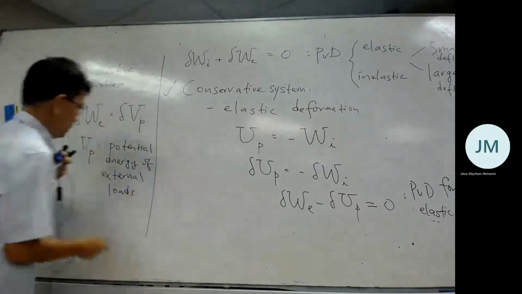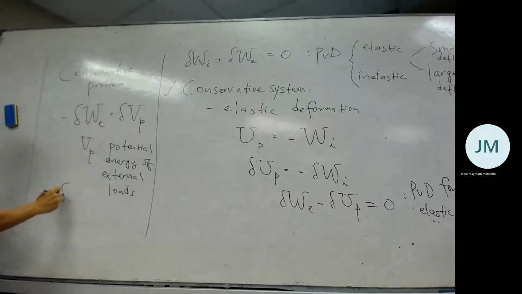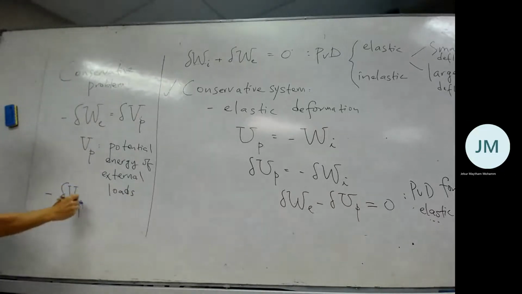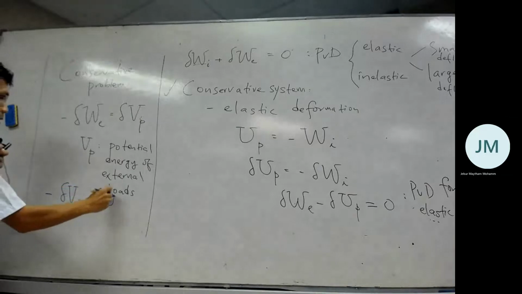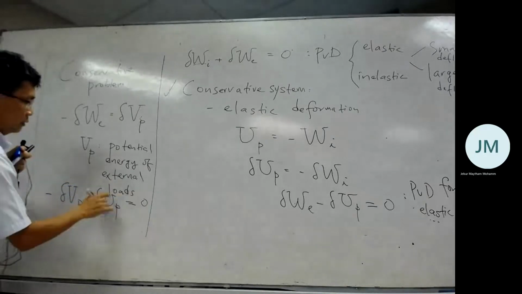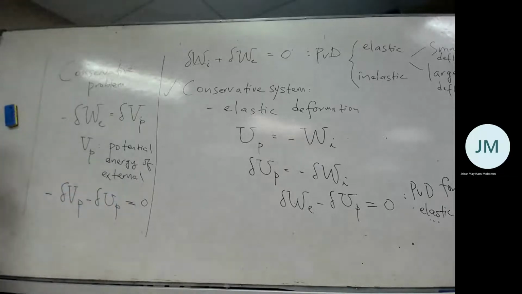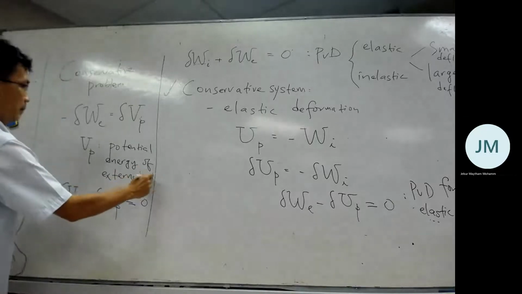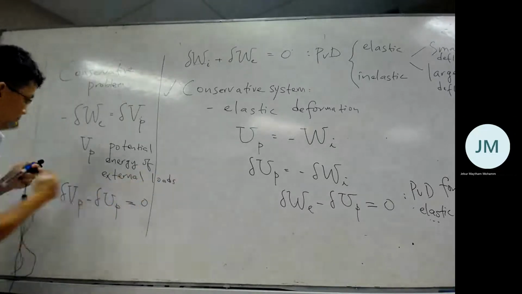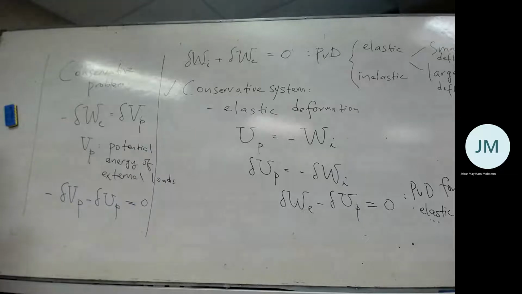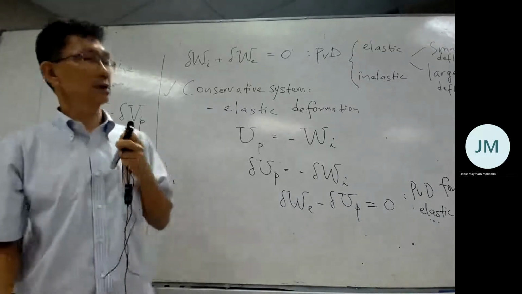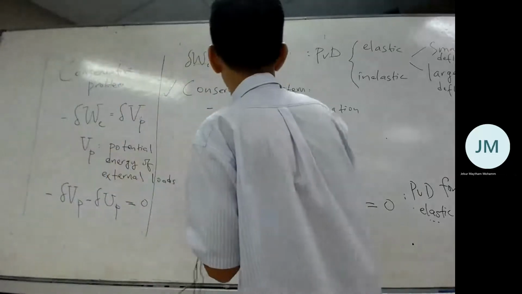Then negative delta VP minus delta WP equal to 0. You get to this equation, or if you simplify it.